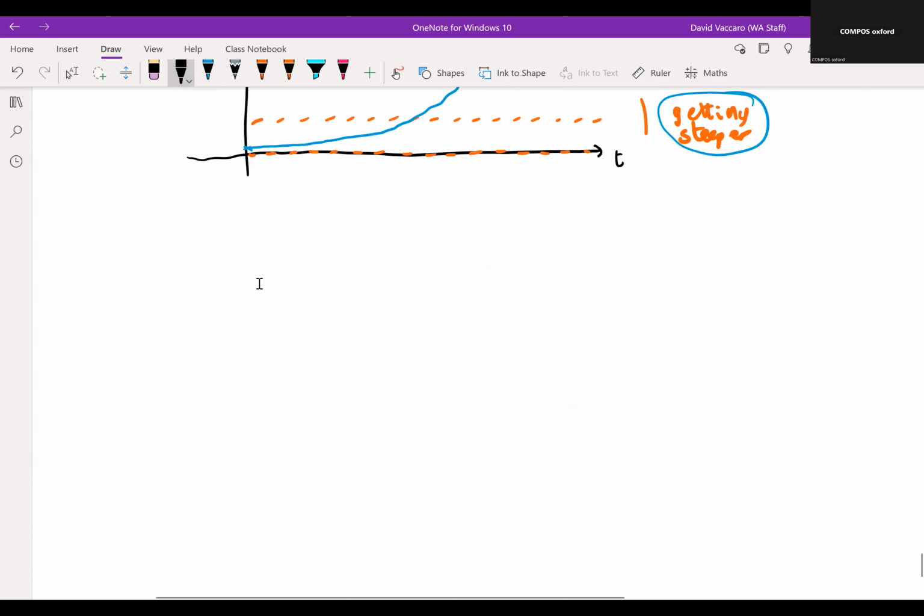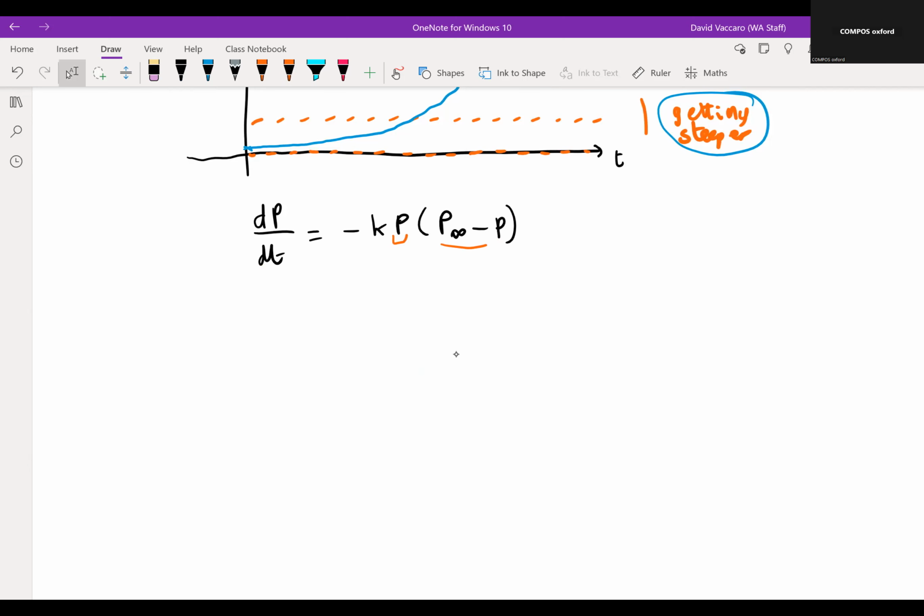Let's now think about how we would solve the differential equation dp by dt is equal to k p (p infinity minus p). Suggestions, people. What's the process by which I can solve this differential equation? So the first thing I want to do is separate the variables.